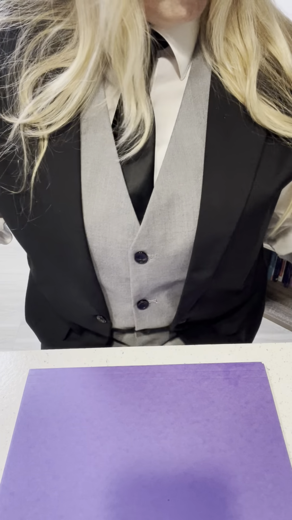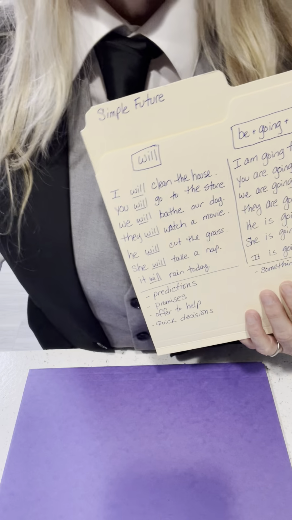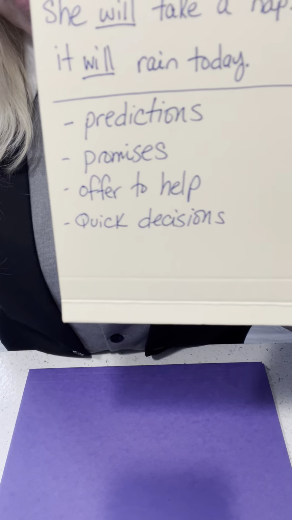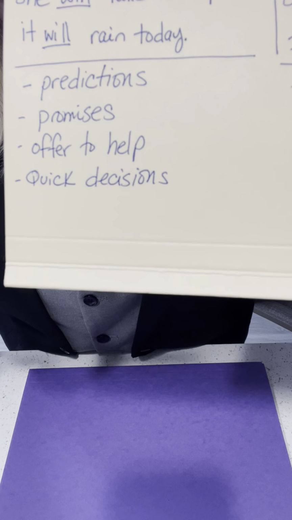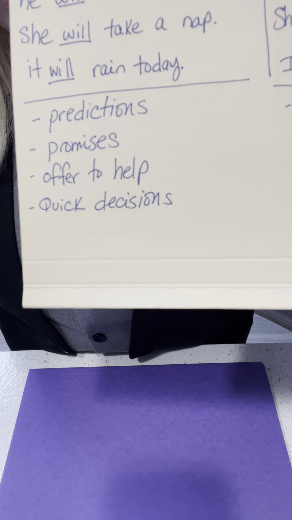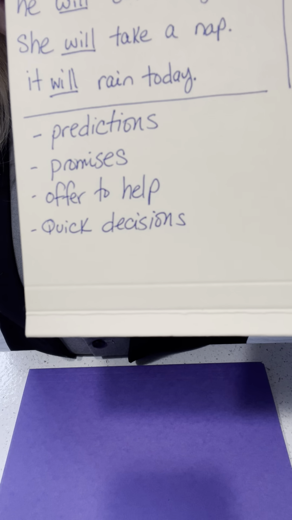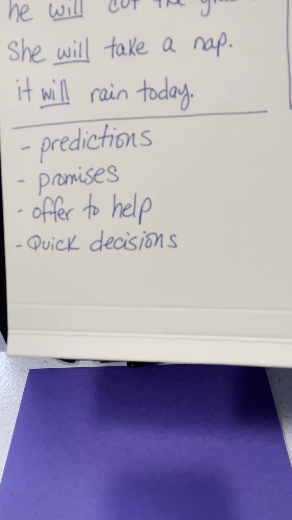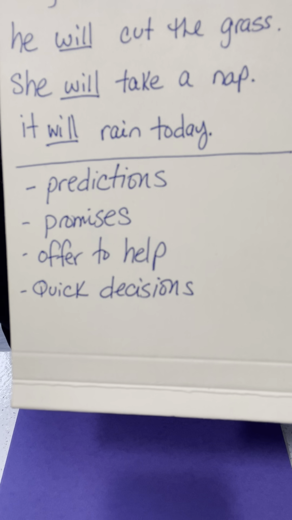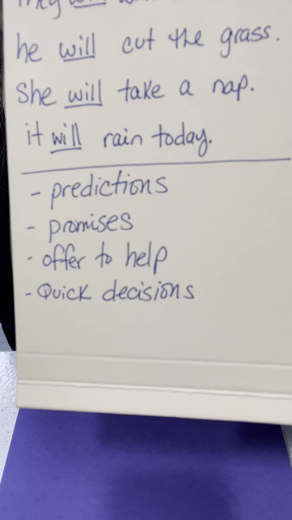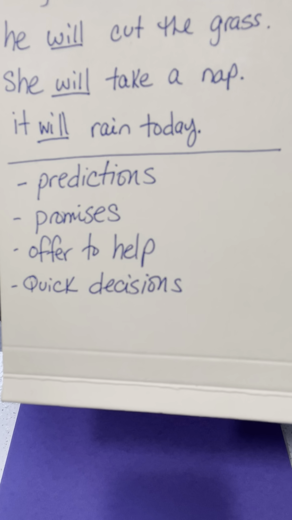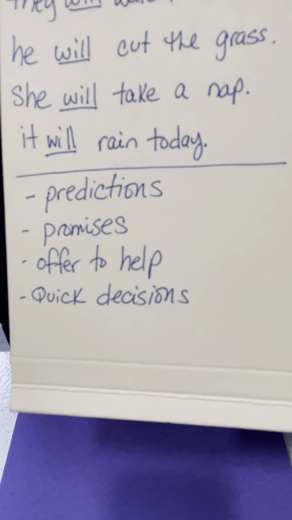Okay, now let's look at when we use will and when we use going to. For will, one of the main things we use it for is predictions. So when there's some evidence that indicates something's going to happen, we would use will. For example, if you look outside and there's a lot of dark clouds, you might say, I think it will rain soon.